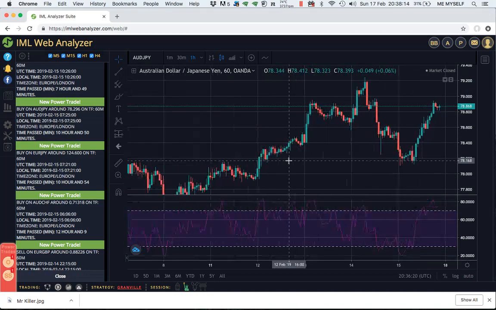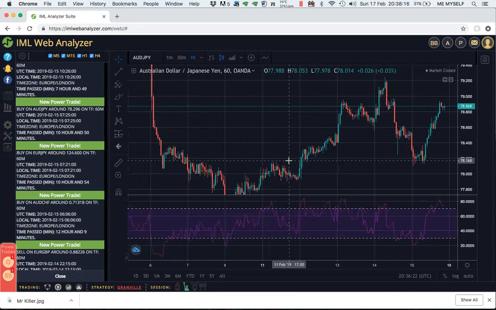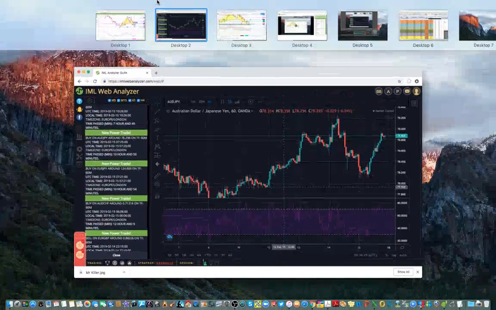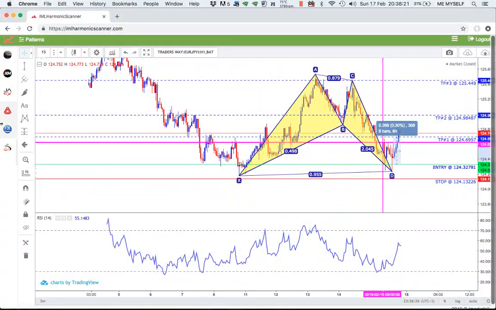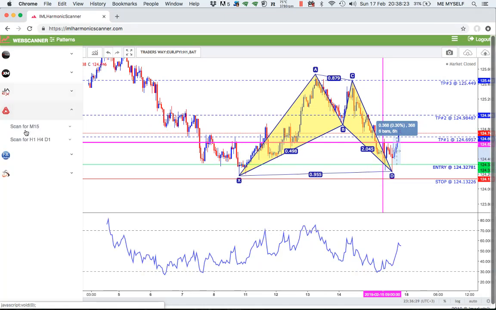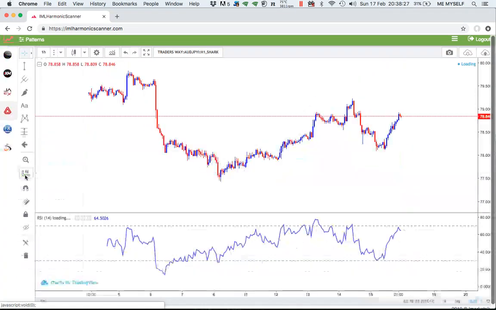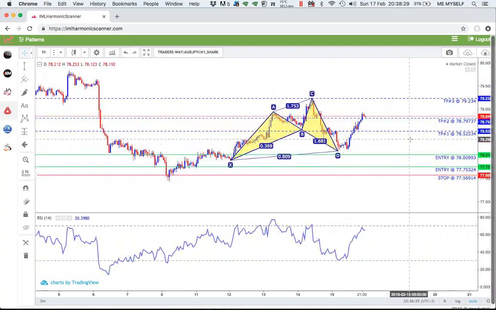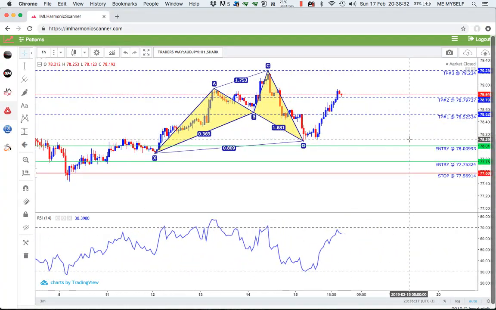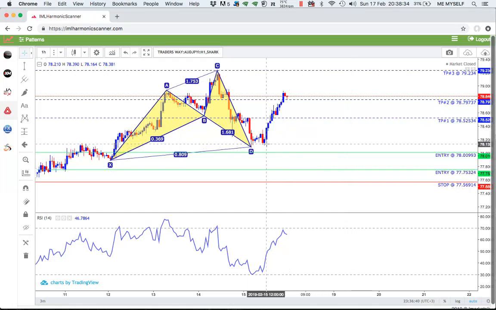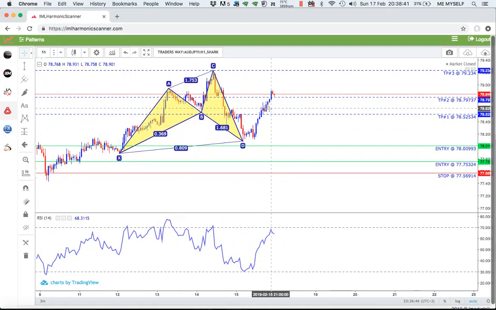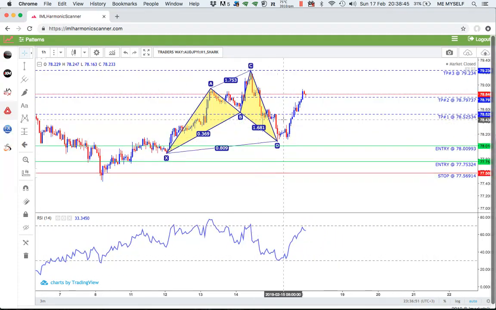And if we go back to AUD JPY again on the harmonic scanner, we could see that AUD JPY was actually called as well for a buy. Called it a shark pattern. Okay, so let's plot that shark pattern and see what's going on there.